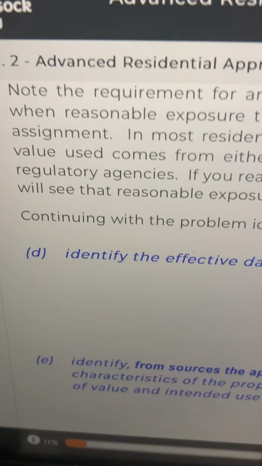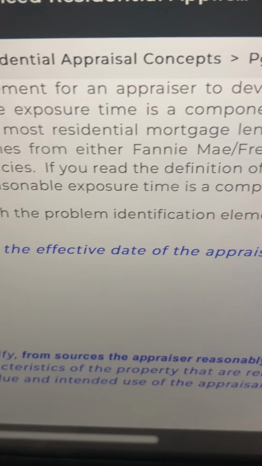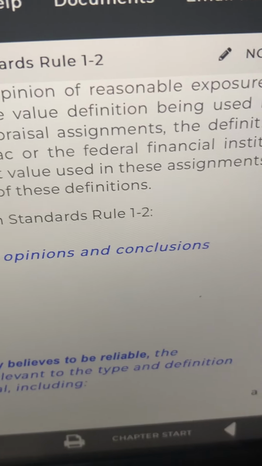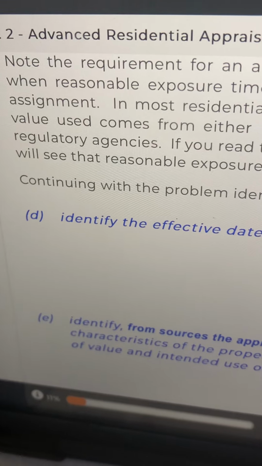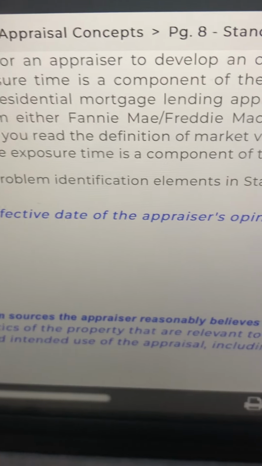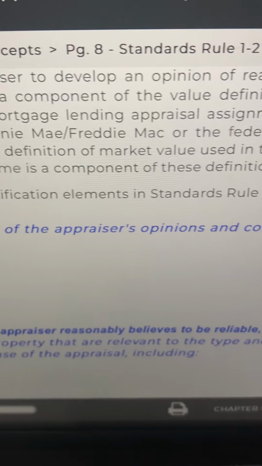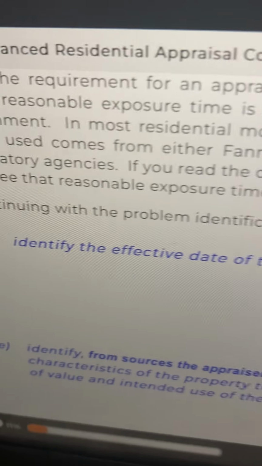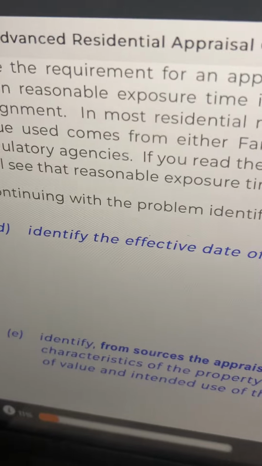Note: the requirement for an appraiser to develop an opinion of reasonable exposure time, when reasonable exposure time is a component of the value definition being used in the assignment.